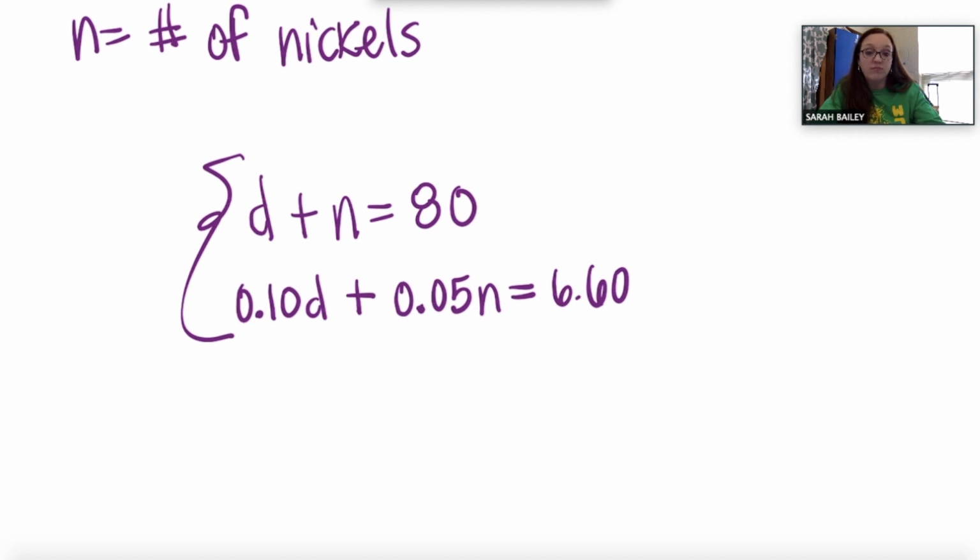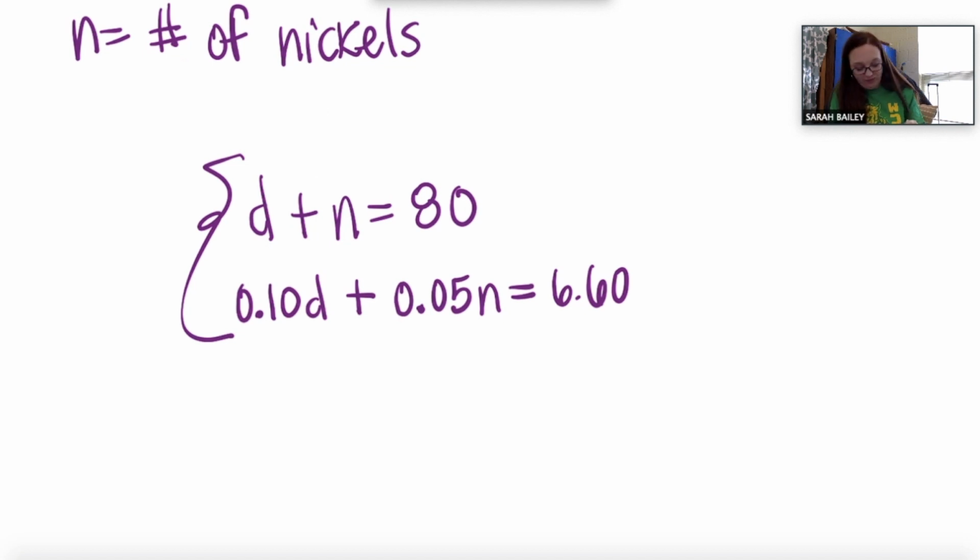That's your choice here. Actually, you know what? I don't think I'm going to do this one using elimination, and I'm going to tell you why. The reason I'm not going to use elimination is because I've got decimals here, and who wants to deal with decimals? Plus, the coefficient of D and N here are both 1, so actually it would be very quick to solve for D or N and then just use substitution. So I take it back.